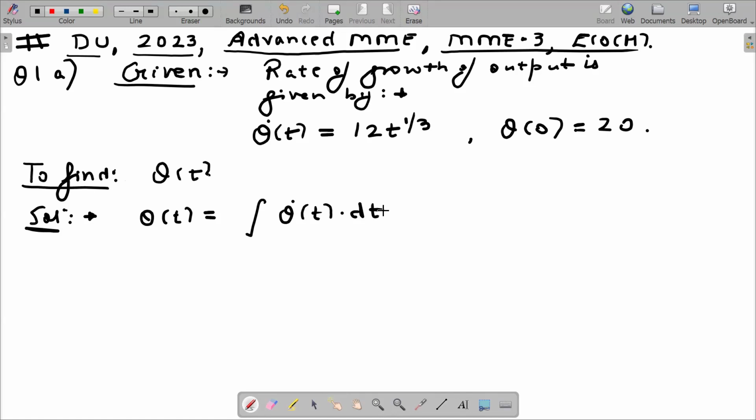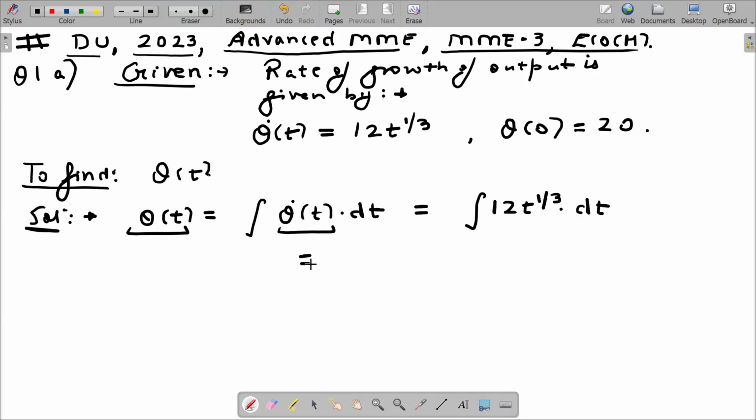The integral is the antiderivative. So when I integrate the rate of growth of output, I get back the production function. So this is going to be the integral of Q dot T, which is 12t to the power 1/3 dt.